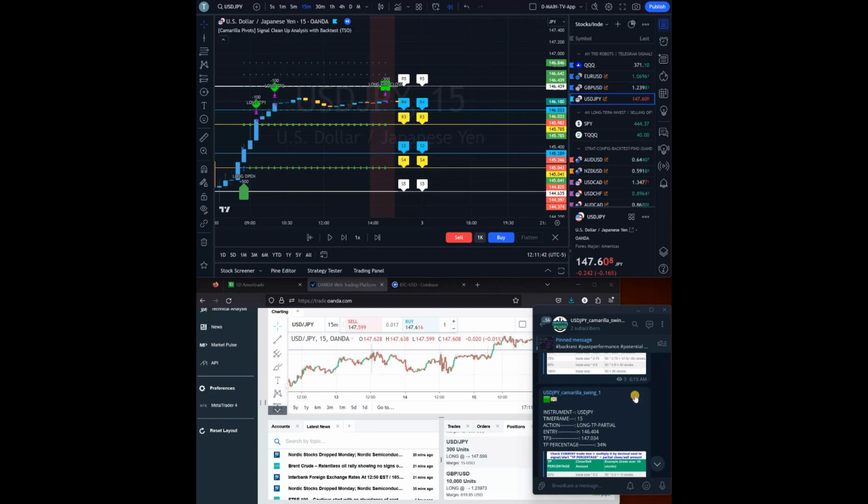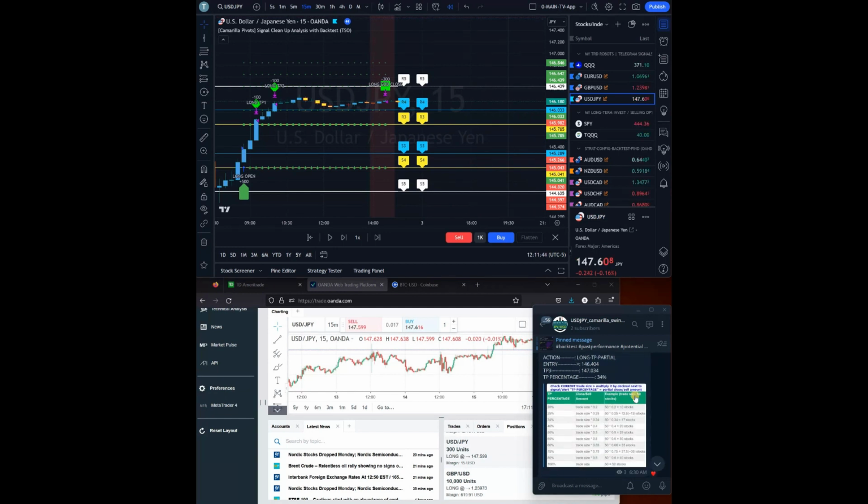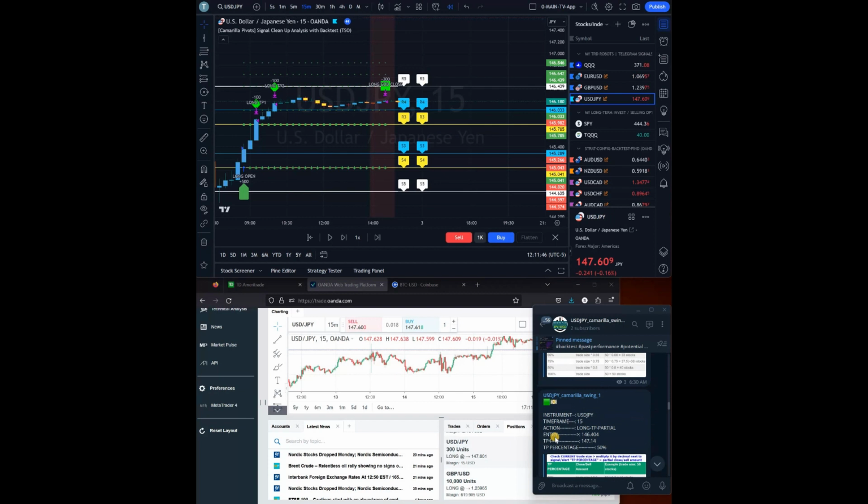So it's usually going to be either stop loss or take profit 5. You're either going to see long TP remaining, basically closing the remaining part of the position. TP percentage 100, you close everything there is. TP 5, that's it.